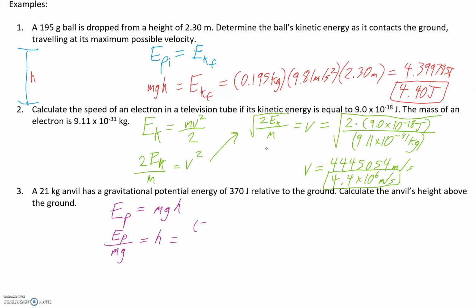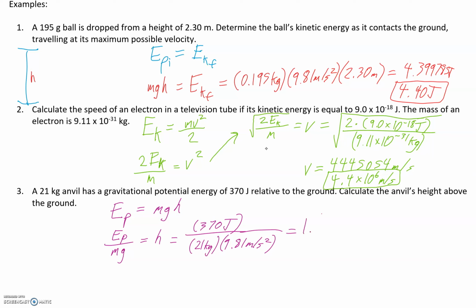In this case, that is 370 joules divided by 21 kilograms times 9.81 meters per second squared.